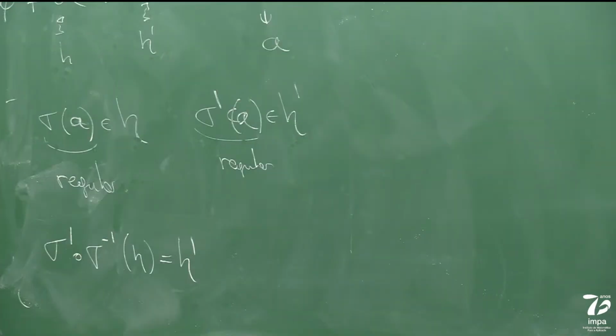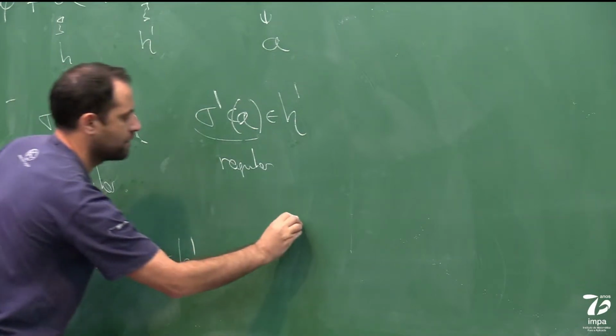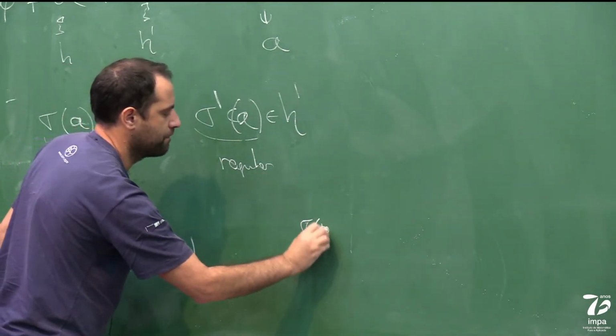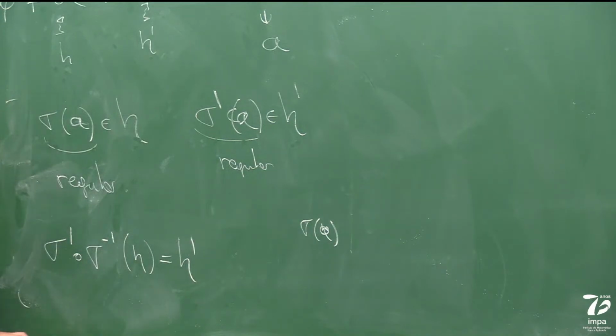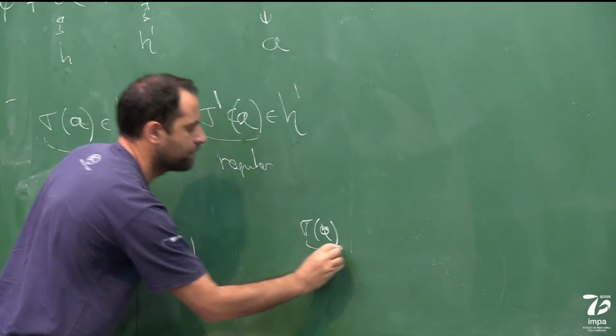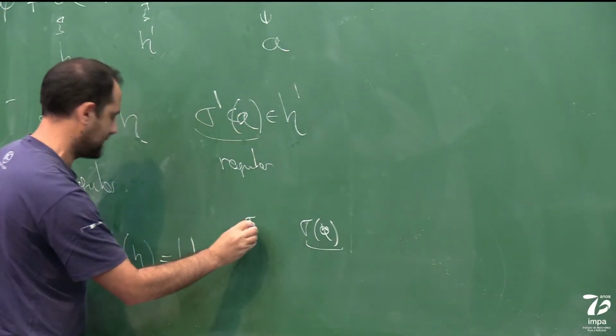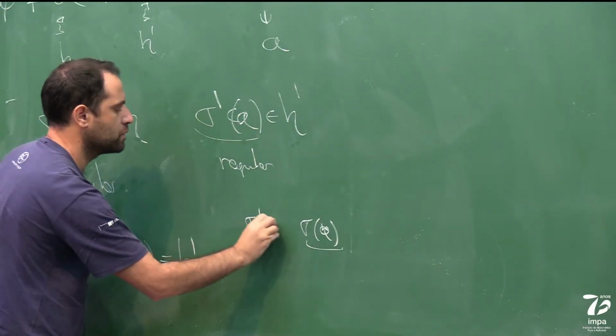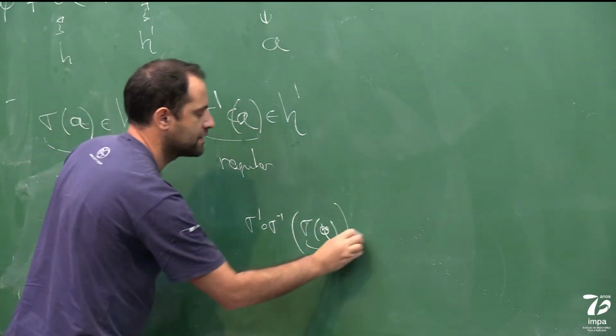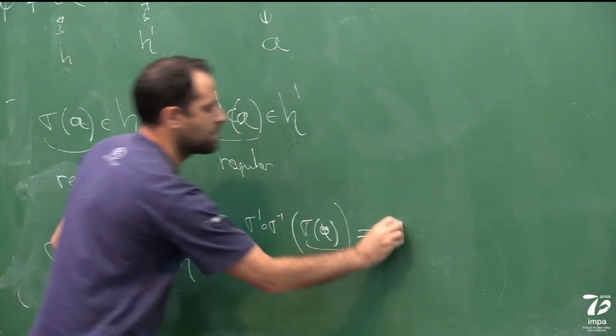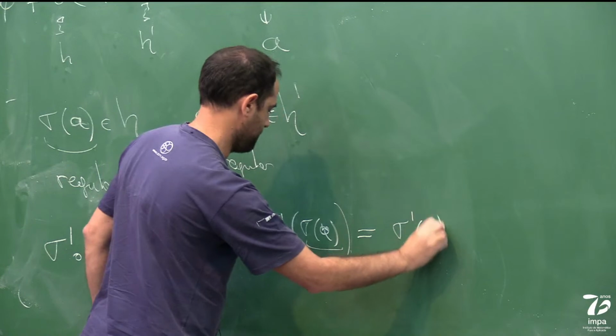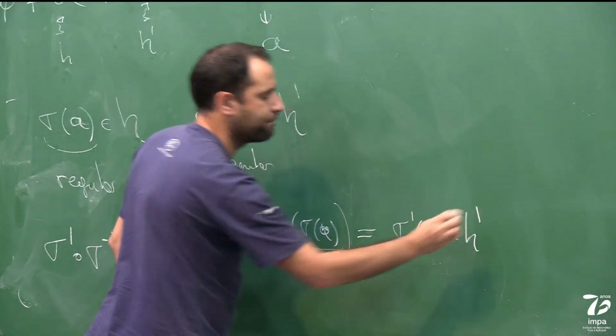Well, because let's take an element in H, which is sigma of A. This is a regular element which is inside of H. And when you apply sigma prime composed with sigma inverse to this regular element, you get sigma prime of A, which is inside of H prime.